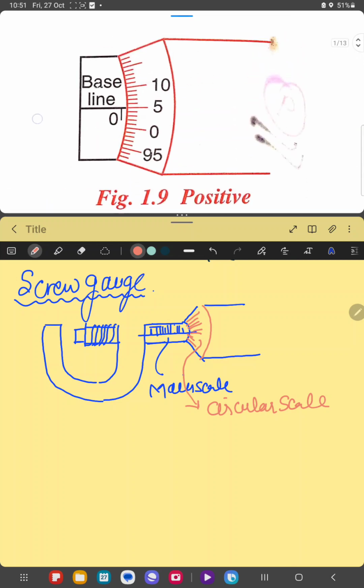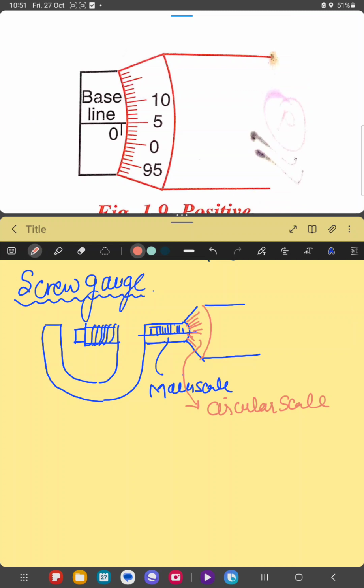There are two zeros: the circular scale zero and the main scale zero. Then this is connected with a rotary device called the ratchet. The function of the ratchet is to keep rotating it so the main scale and circular scale can work properly.